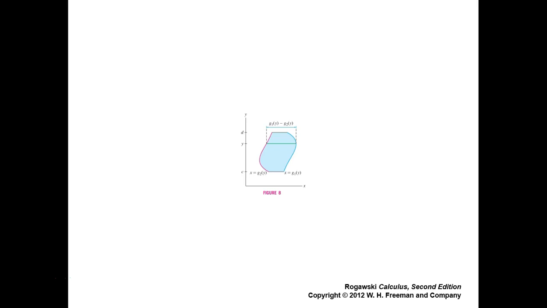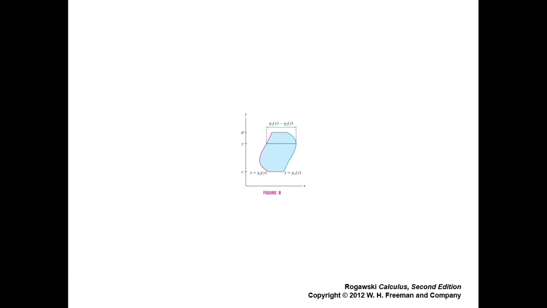Now, what if, on the other hand, you have a situation like this, that your upper and lower boundaries are constants, C and D, but now your right boundary is G1 of y and the left boundary is G2 of y, because these are functions of y, not functions of x.